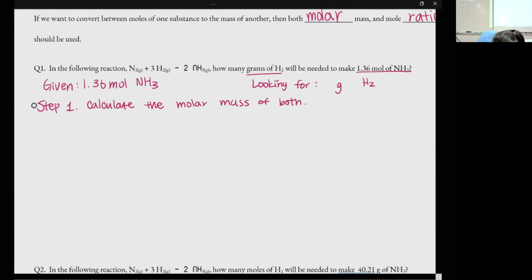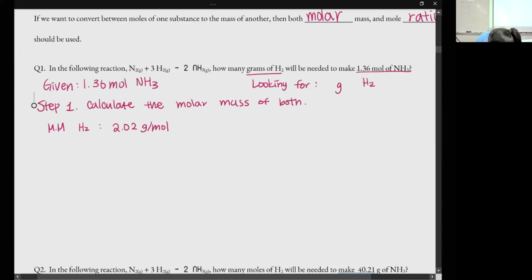H2 would be 2.02 grams per mole, and NH3 would be 14.01 plus 3.03, which is equal to 17.04.